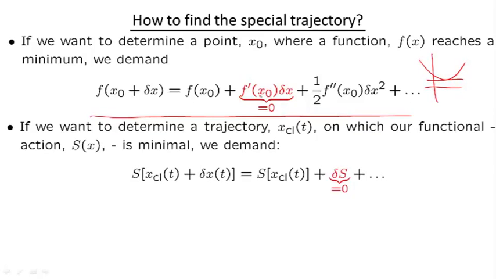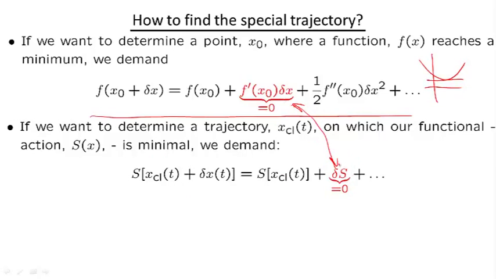Now, in analogy to this, if we have a functional, in particular our action S of x, to determine a particular trajectory, which we will identify as the classical trajectory, we have to demand that if we calculate this action in the vicinity of the classical trajectory, for which the action is minimal, the first variation, the analogous part to the first derivative, is going to vanish.